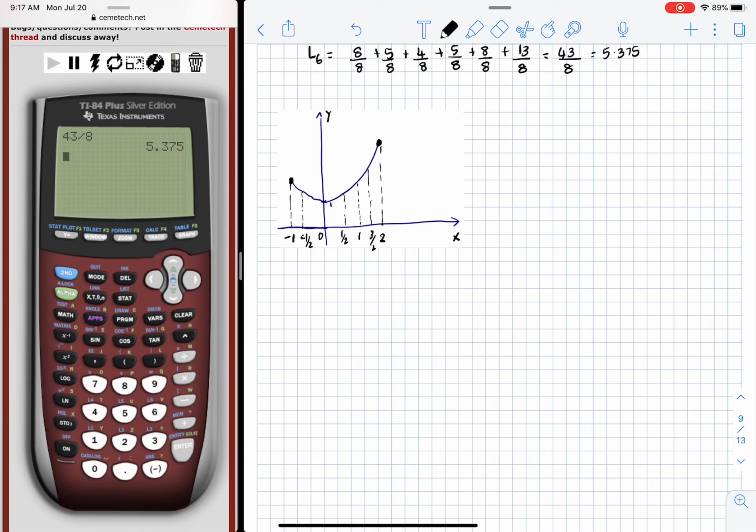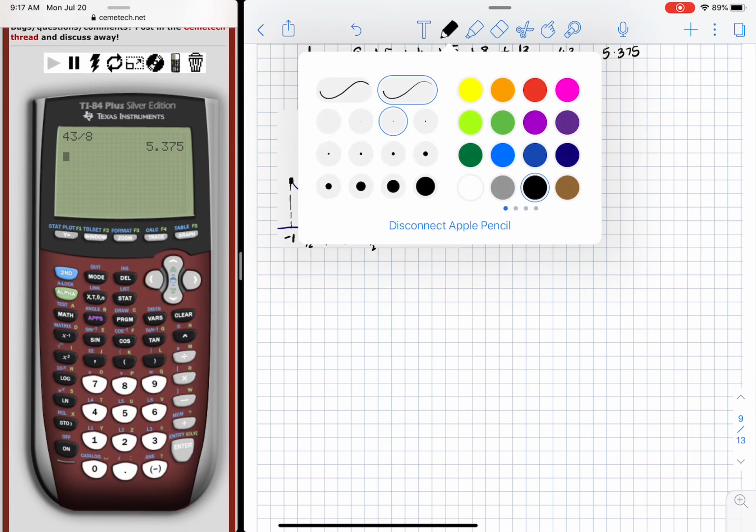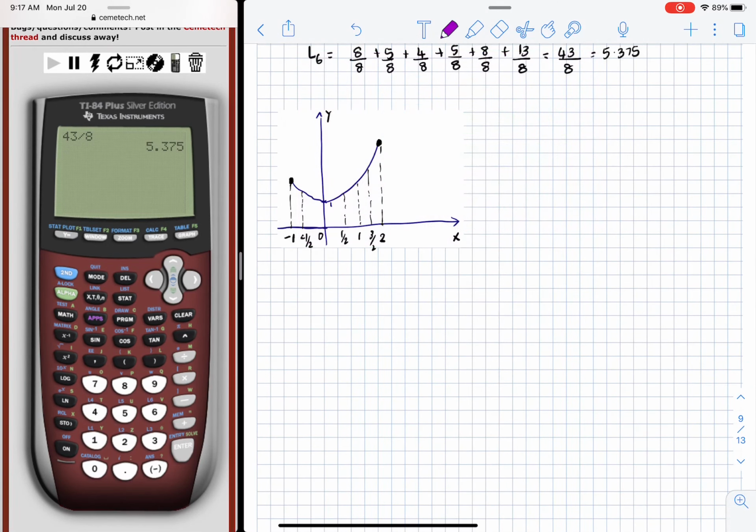So how do we draw these rectangles? Well, we start at that point, we go toward either side and connect. First rectangle, start at that point, go toward either side.